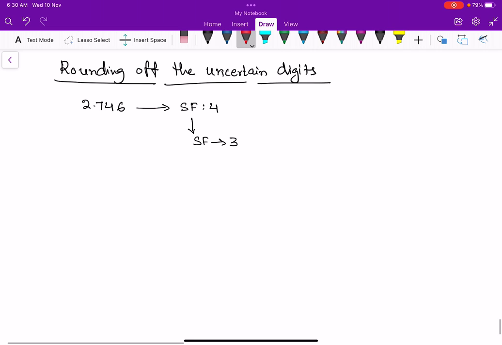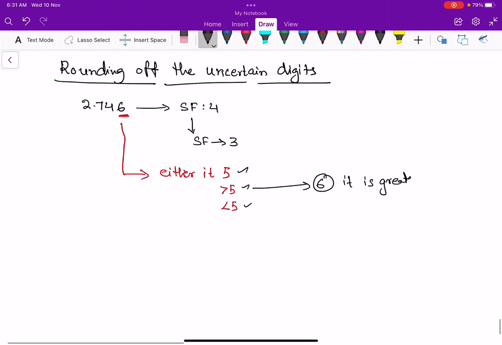We always check the last digit, we should confirm whether it is 5, greater than 5, or less than 5. For these conditions the rules are different. Now 6 is there, it is greater than 5.